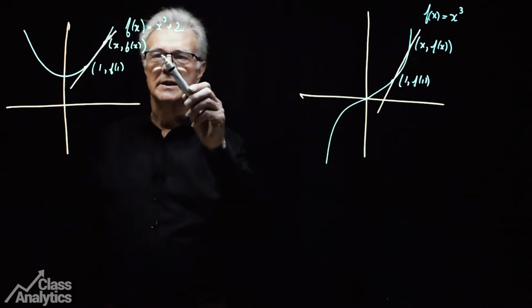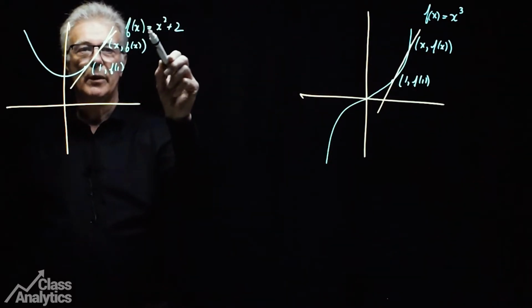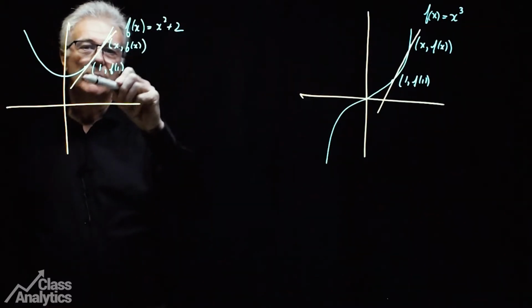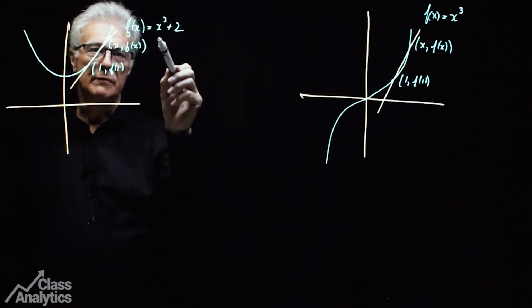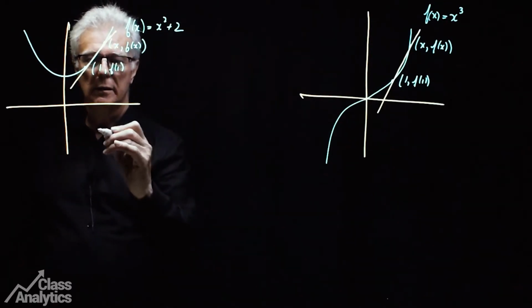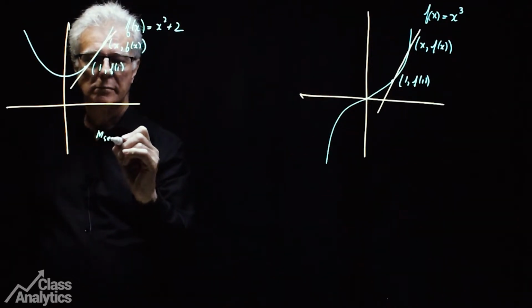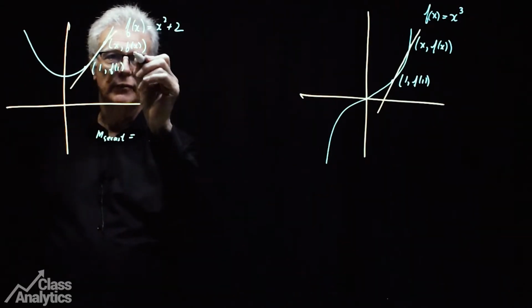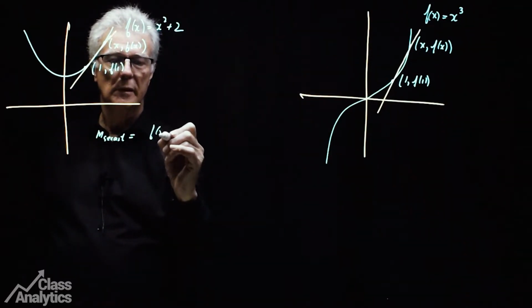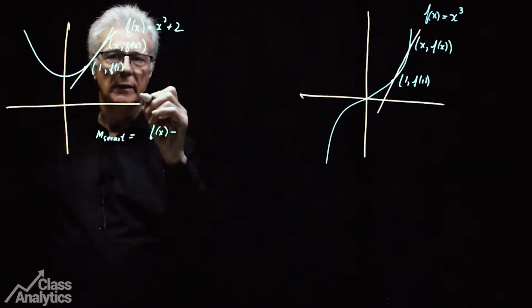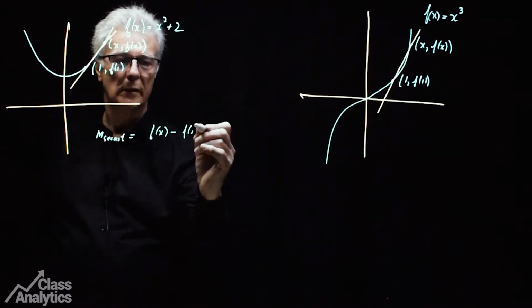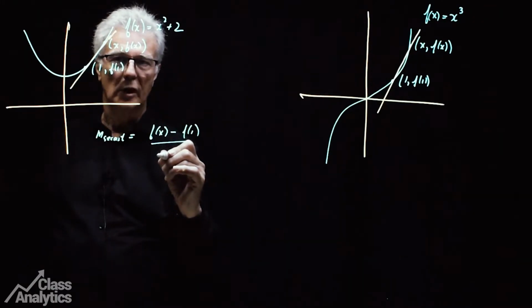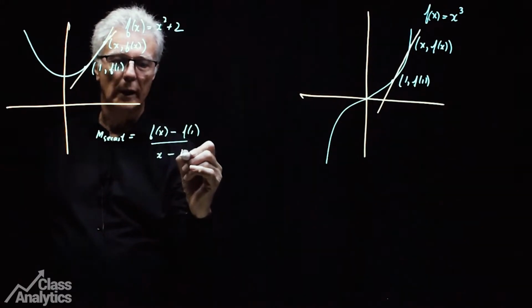Gradients of tangents. This is a different way of working out the gradient of a tangent from first principles. First of all, work out the gradient of the secant. So the secant is equal to the difference in the y values, that's function x minus function 1 over x minus 1.